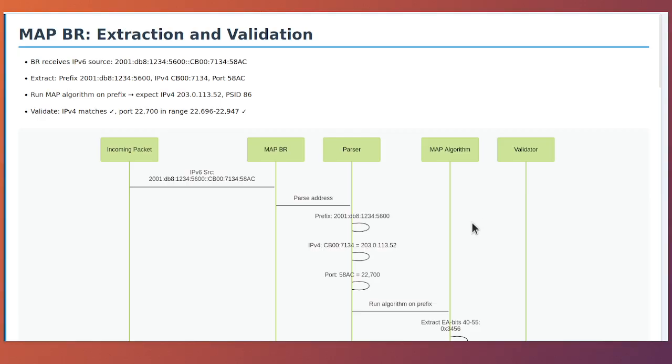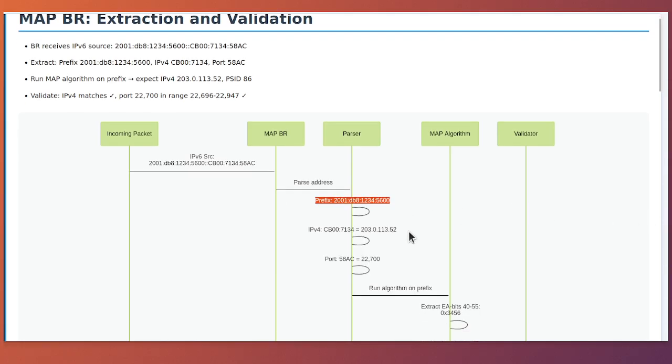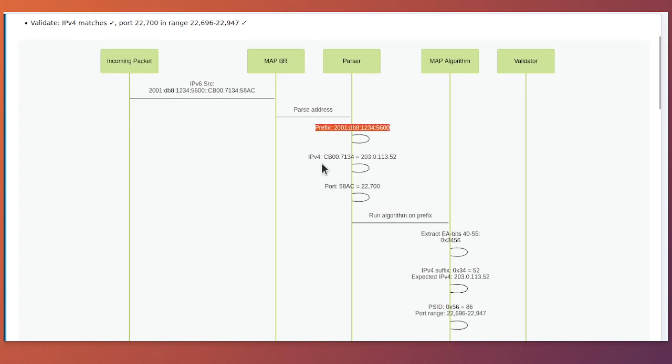First, the border relay parses this address to extract its components. The customer prefix is the first 56 bits of the address, which is 2001:DB8:1234:5600::/56.